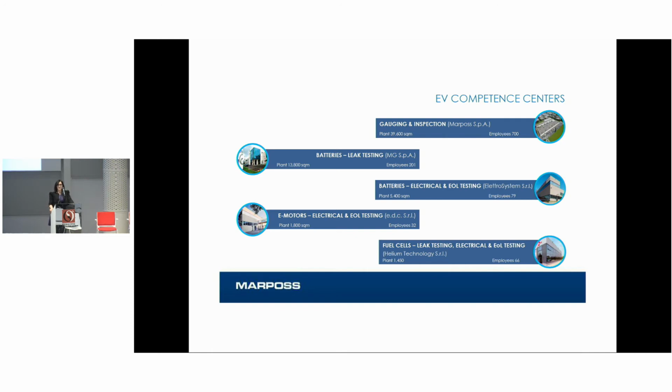This is my company. We are located in Asti, close to Turin. Or for the electrical motors, in our other company of the group, the EDC, that is located in Milan.